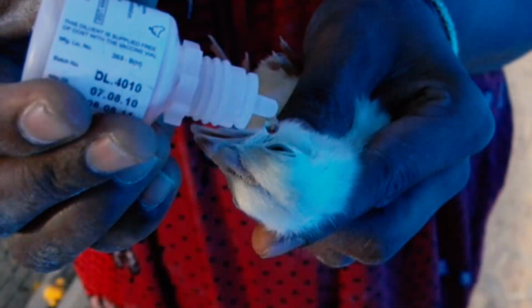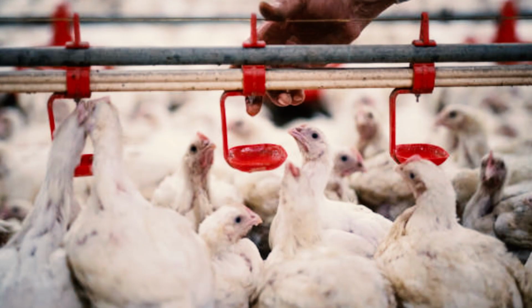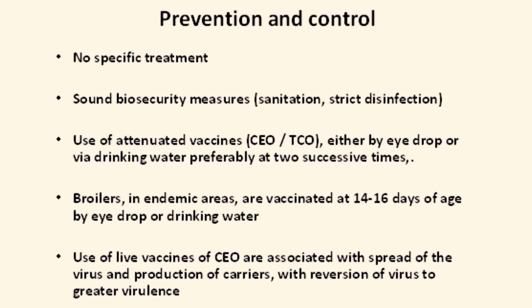In endemic areas, particularly in broilers, the vaccination can be done at 14 to 16 days of age, either by eye drop or drinking water, and care must be taken in choosing the vaccines, as vaccines of chicken embryo origin produce carriers and can cause reversion of the virus to its virulent form.